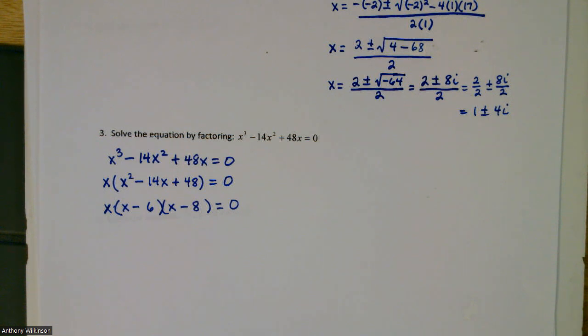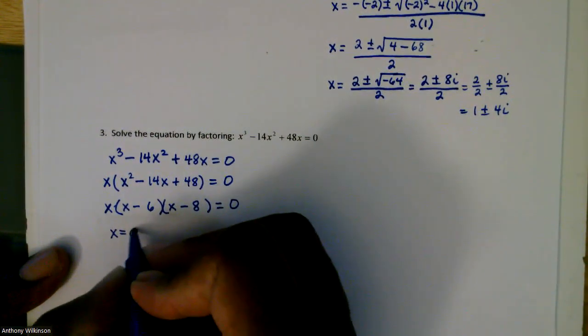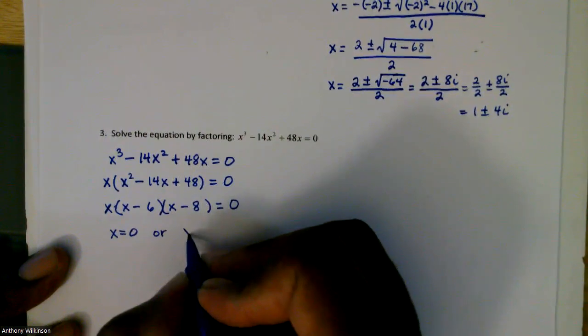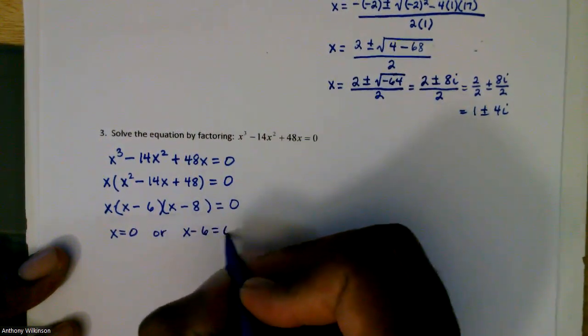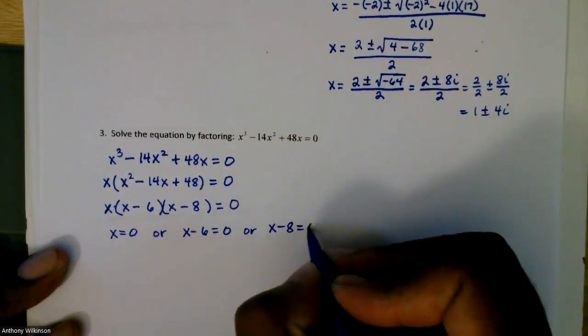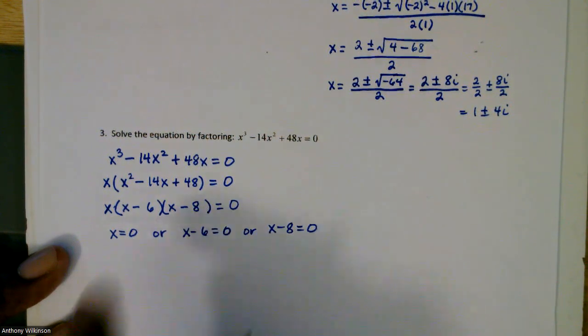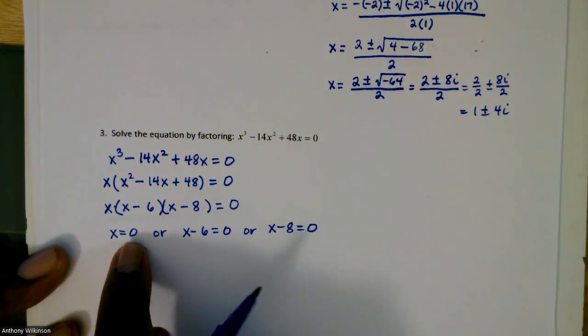Now I'm going to set each individual factor equal to 0. So I will set this x equal to 0, or x minus 6 equal to 0, or x minus 8 equal to 0. And each equation I'm going to solve for x. Well, x equals 0 is already solved for x.